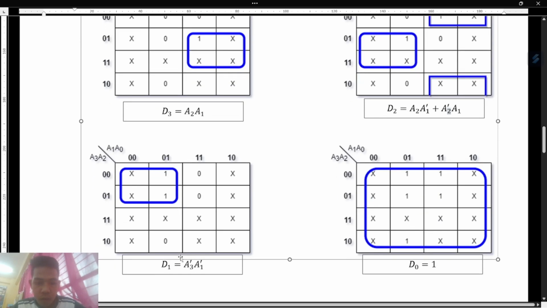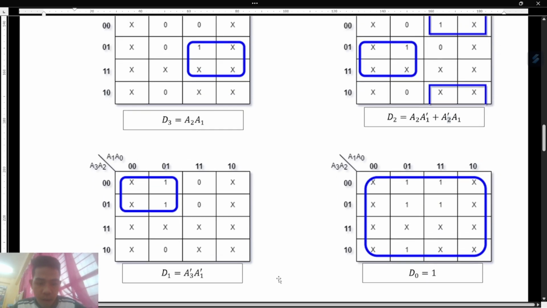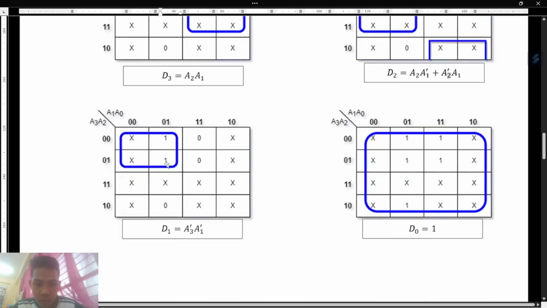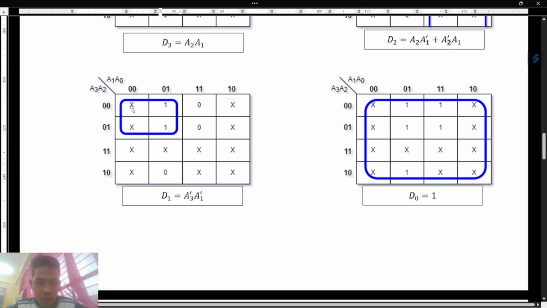So next is D1. D1 is only high when the present state is 1 and when the present state is 5. So this is grouped as E3 prime and E1.